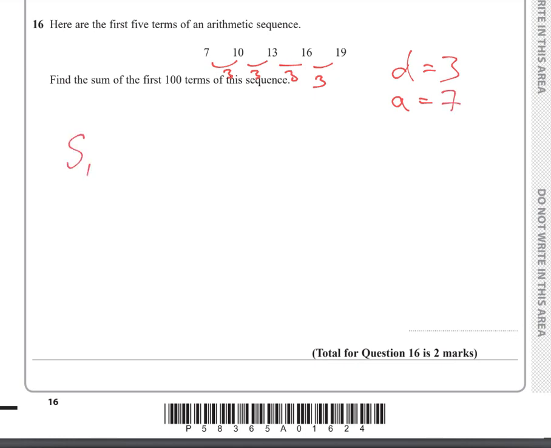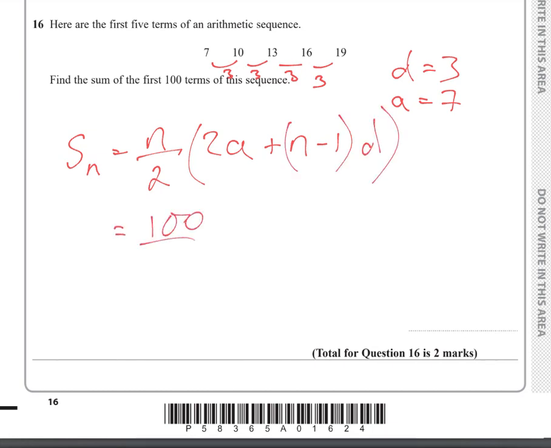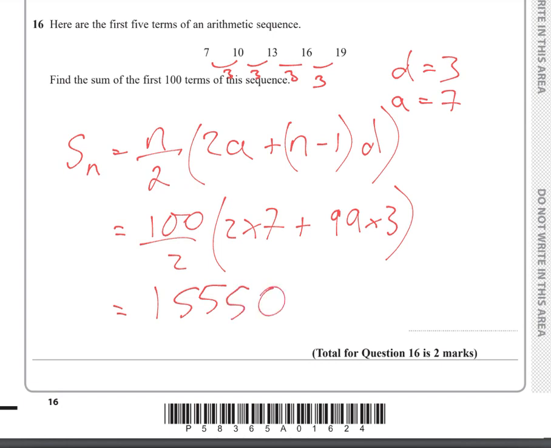And we know that Sn, if we've learnt it, is the number of terms over 2 lots of a plus n minus 1 times the difference. Then we just plug it in: 100 over 2, 2 times 7 plus 99 times 3. And that's going to give me 50 times brackets 14 plus 297, which is 15550.